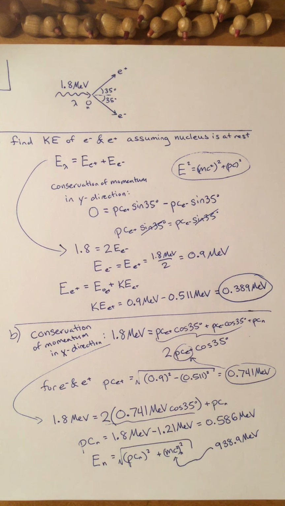And so now I have my momentum of 0.586, my rest energy of 938.9. That gives me the energy for the nucleus.